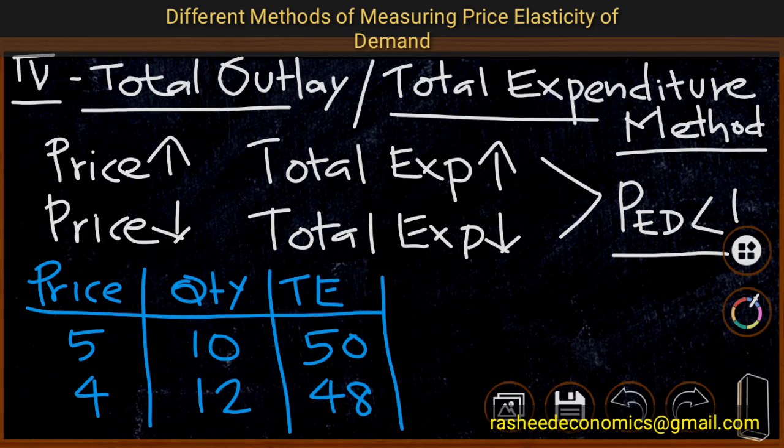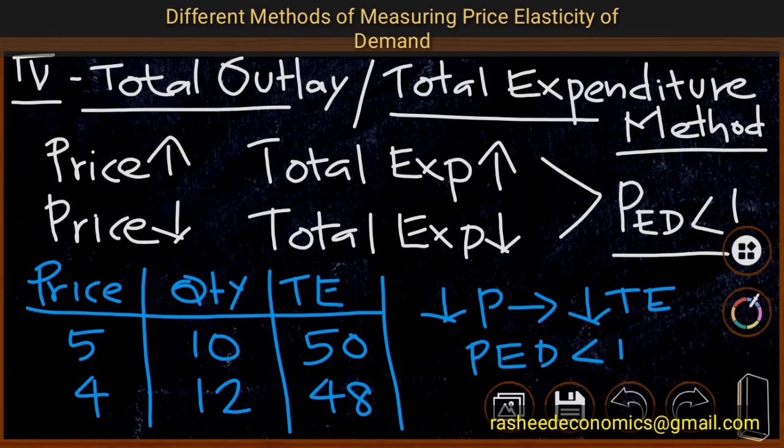That is, 12 into 4 is equal to 48. Here a decrease in price is followed by a decrease in total expenditure. Therefore there is a direct relationship between price and total expenditure. In such a situation, price elasticity of demand will be less than 1. That is, when the price of the commodity decreases, total expenditure also decreases.